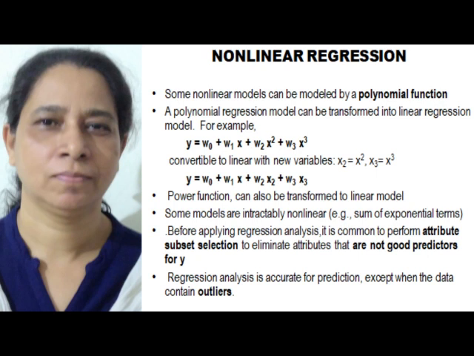The polynomial regression is a special case of multiple linear regression. That is, the addition of higher order terms like x square, x cube and so on, which are simple functions of the single variable x. So this can be considered as equivalent to adding new independent variables.